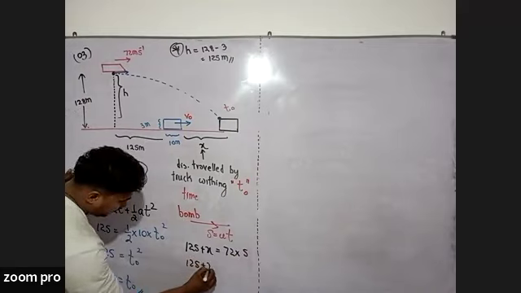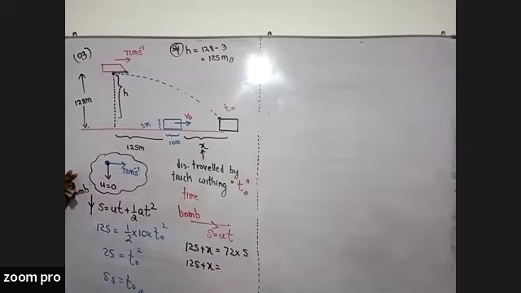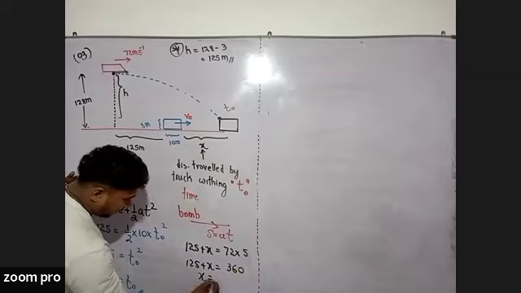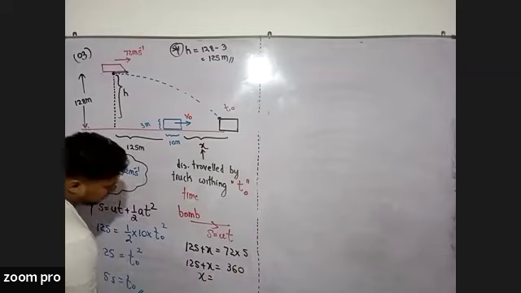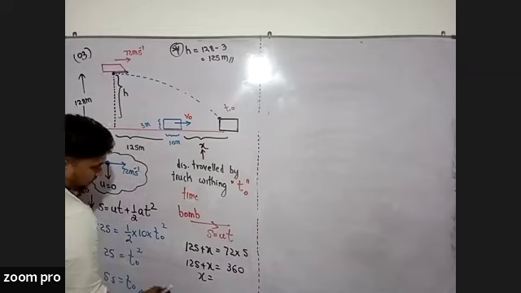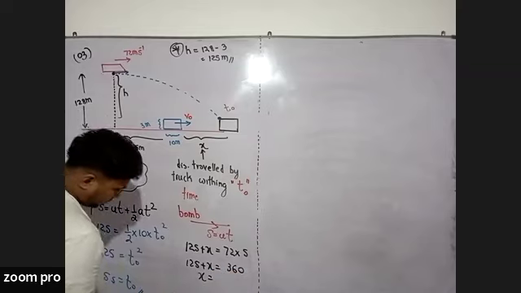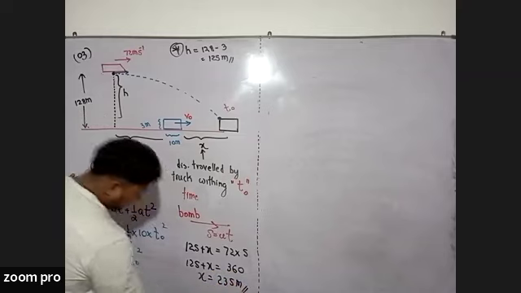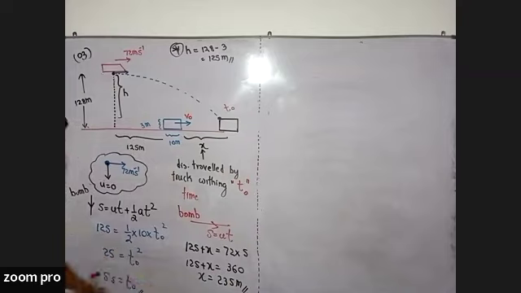So we simplify this, and x equals 235 meters. This is the distance traveled by this truck, right?